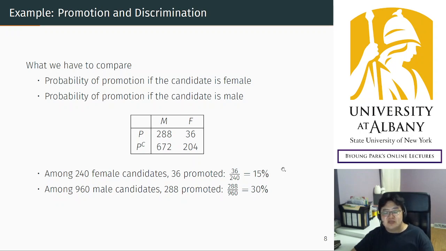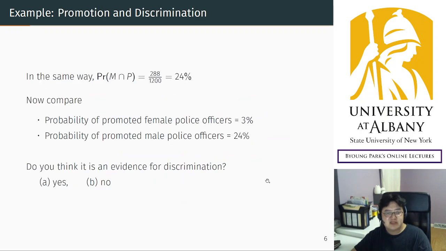So you may say that this is a reasonable evidence for discrimination, if everything else is the same, right? Still, the difference is double. The probability is double, but previously, without adjusting for the pool size, it was 8 times larger. So 8 times is an exaggeration.